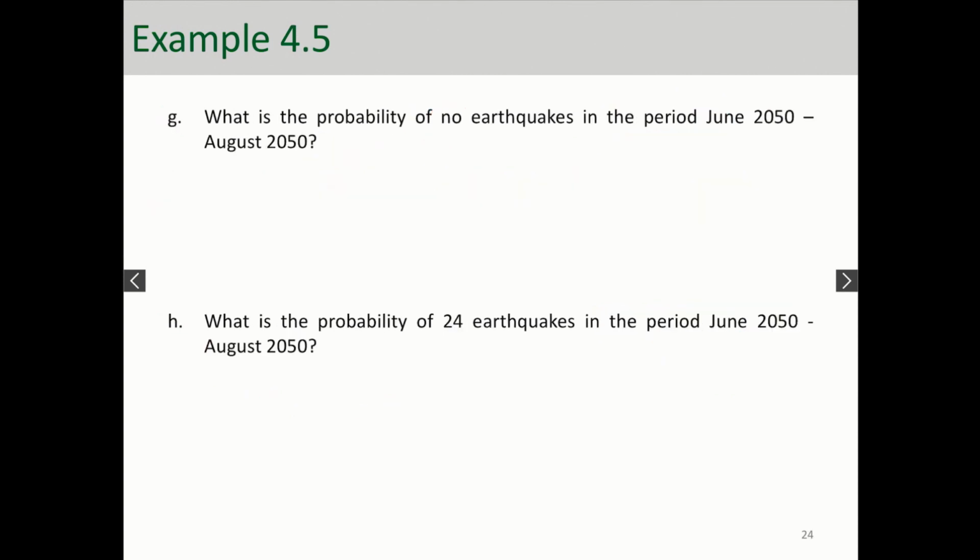What is the probability of no earthquakes in the period June of 2050 to August of 2050? So you're going to have to figure out how many days that is. So June, July, and August. If you sum them up, the t is 92 days. And we're doing the probability of no occurrences, no earthquakes. So the probability of N92 being equal to 0.